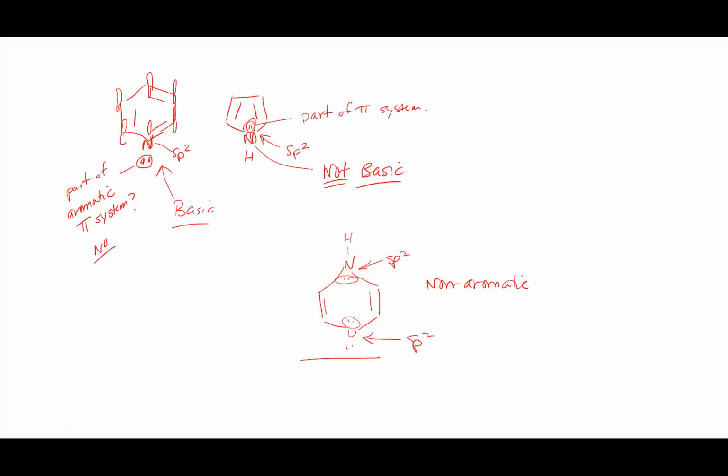So in this case, if that system is non-aromatic, then that nitrogen's lone pair is not part of the pi system. The oxygen's electrons aren't part of the pi system either. It's got to be a complete pi system. It can't just be a little bit of a pi system. So in this case, this would be a basic nitrogen because this system isn't aromatic.